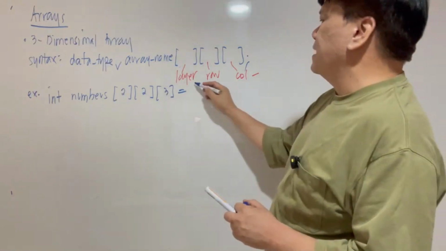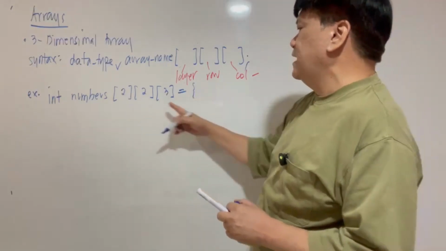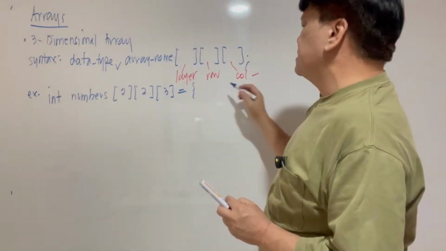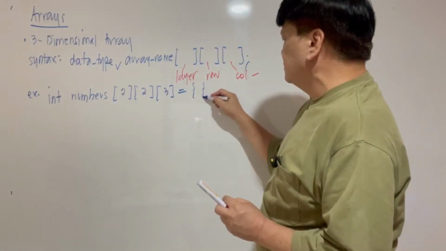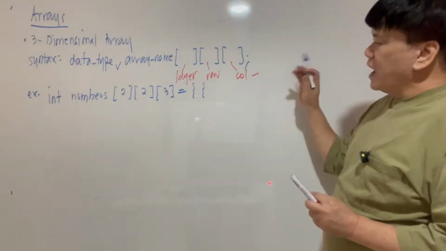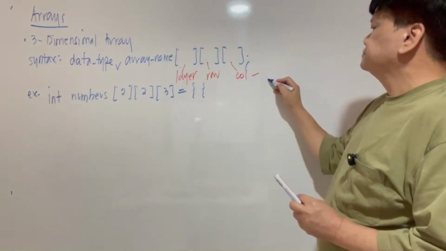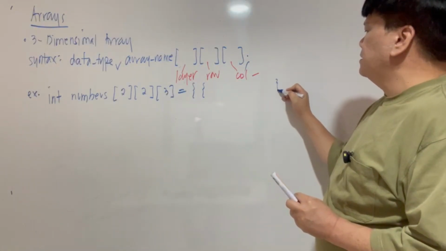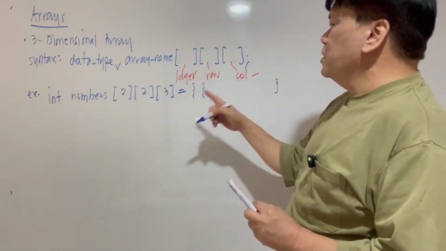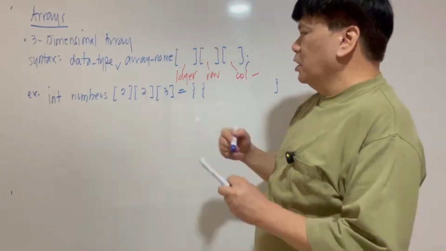We can have, again, brackets since I have 2 layers. You can think of it like putting another set for your first layer, which has 2 rows.